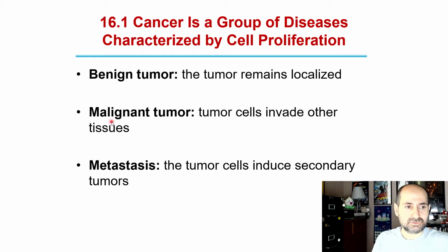What is a malignant tumor? A malignant tumor is basically one that is metastatic. It's a tumor that invades other tissues. So let's say you have melanoma on your skin, it gets really bad and it starts invading the underlying muscle tissue, the underlying blood vessels.